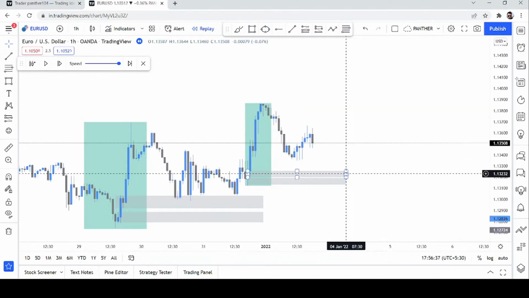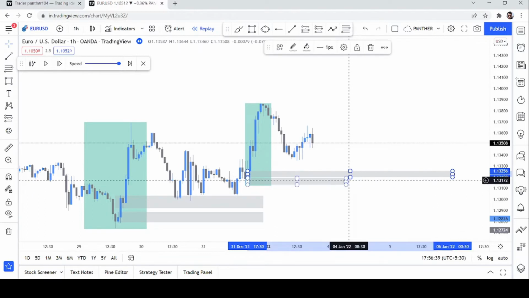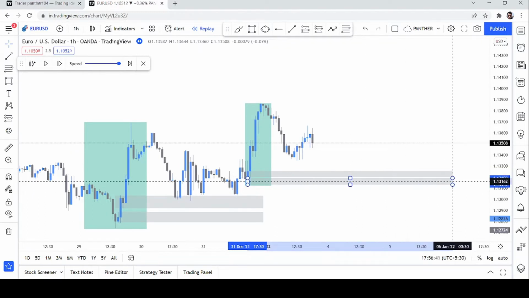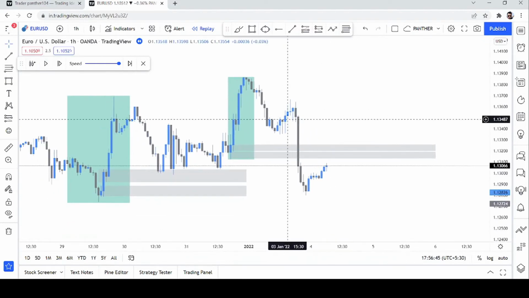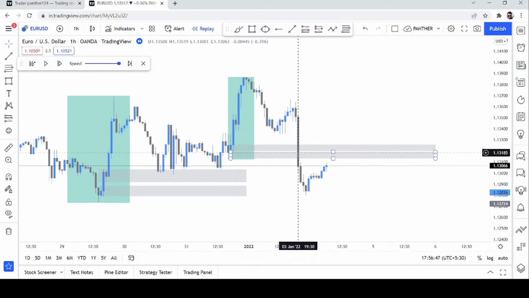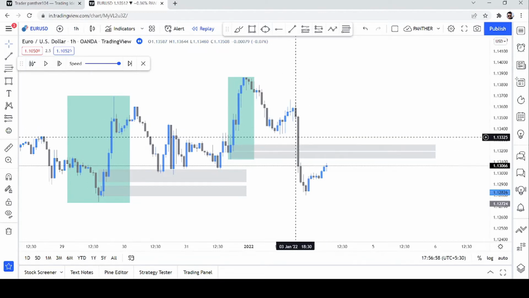Let's just stretch this a bit, and then, nope, this would have given you a loss if you just bought here. But if you were waiting for your confirmation, this would have saved you with this kind of momentum.